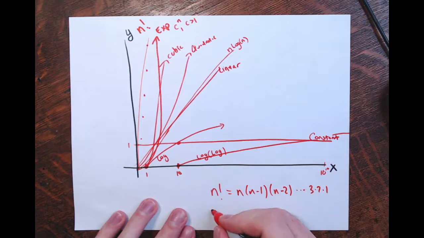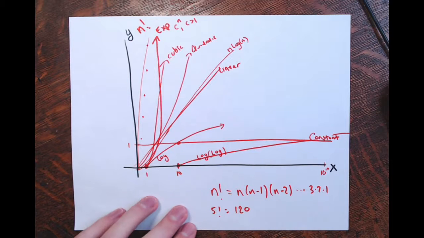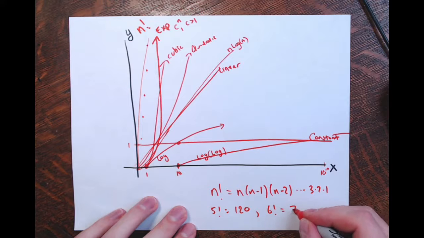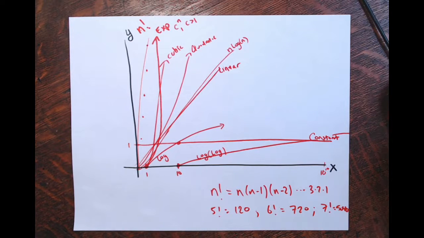So for example, 5 factorial would be 120. It's 5 times 4 times 3 times 2 times 1. 6 factorial would be 720. 7 factorial would be 5040. You see how fast they get big quickly? And then 8 factorial would be 40,320. I mean, it gets big fast, and faster than your exponential functions do.